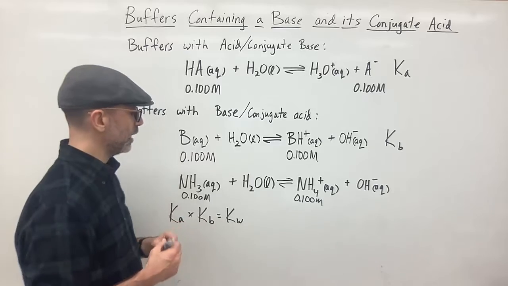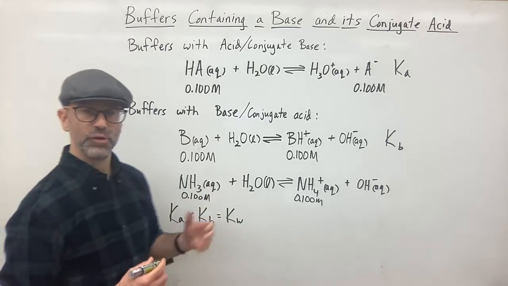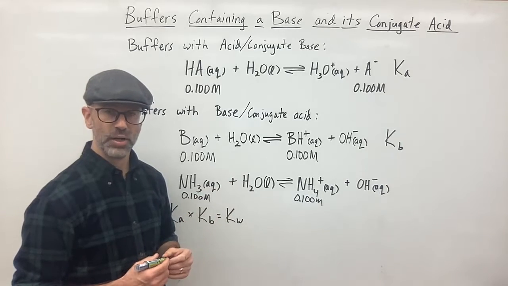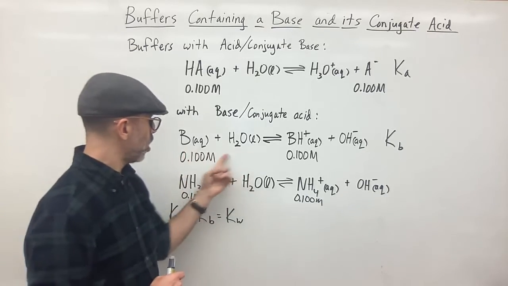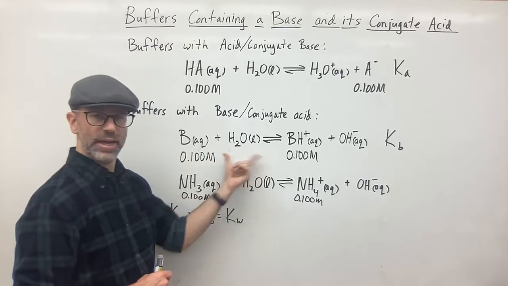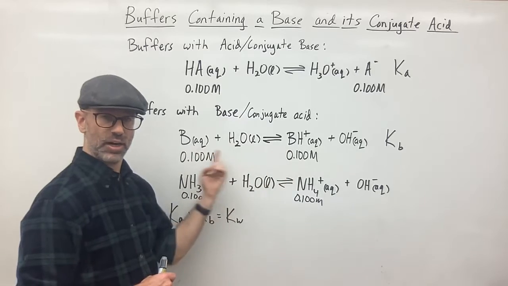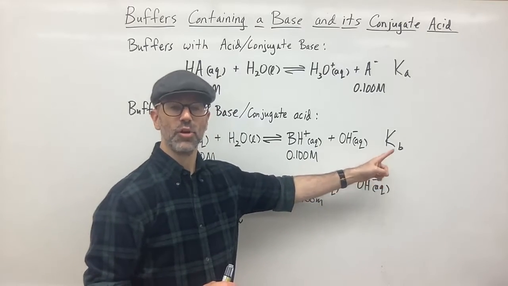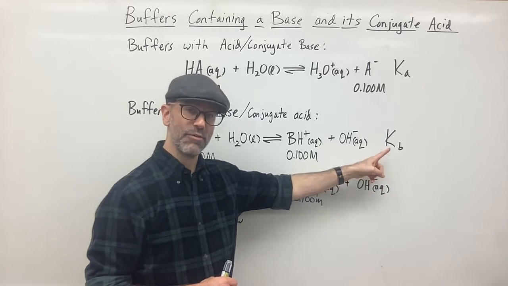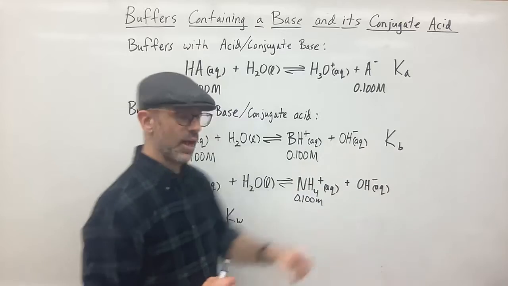However, there is a slight difference, because remember, if you're going to use the Henderson-Hasselbalch equation, you need the pKa. Along with the reaction of the weak base, your buffer is going to come with a Kb. So you're going to need to find the Ka in order to use the Henderson-Hasselbalch equation.